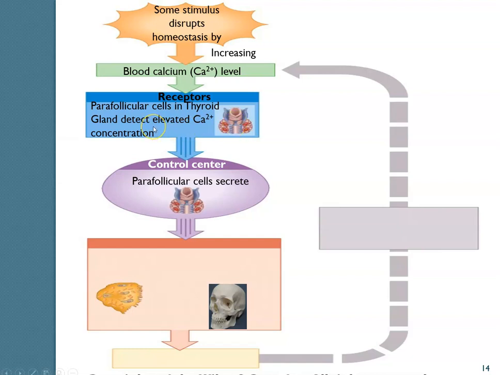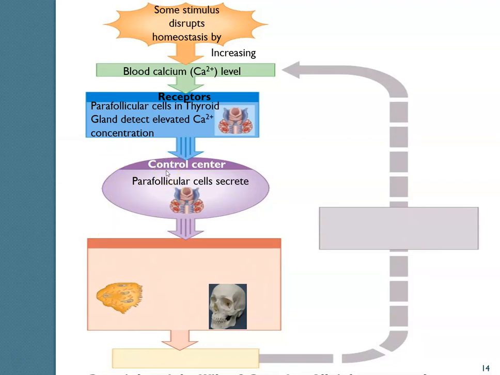It'll also trigger the thyroid gland, one cell. So the main function of our thyroid gland, of course, is to produce thyroxine, T3, T4, but the thyroid gland also produces another hormone. This hormone is called calcitonin, and we'll also cover this in chapter 15.